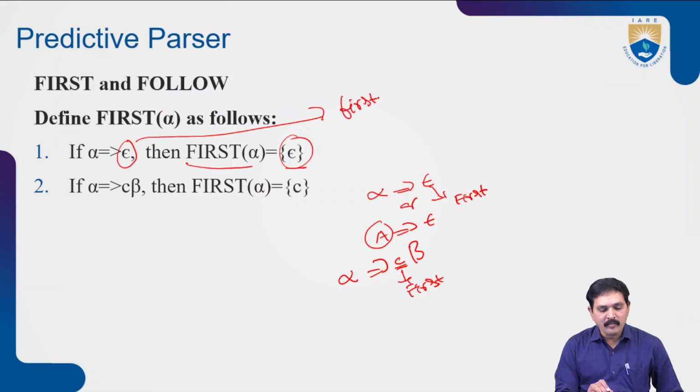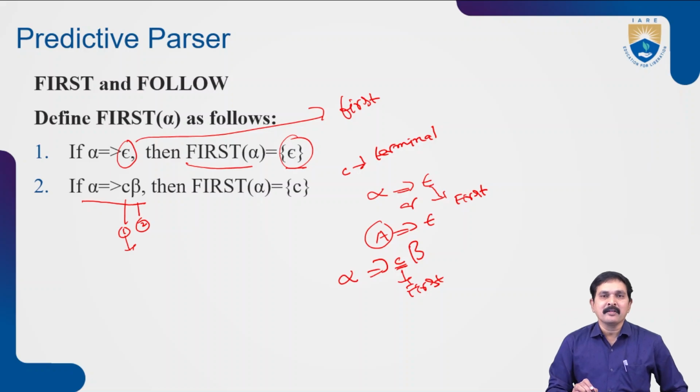One more thing: suppose there is a derivation defined like this with two symbols, the first symbol and the second symbol. The first symbol should be a terminal; small c is always a terminal. How can we distinguish terminals and non-terminals? We discussed this in earlier classes.